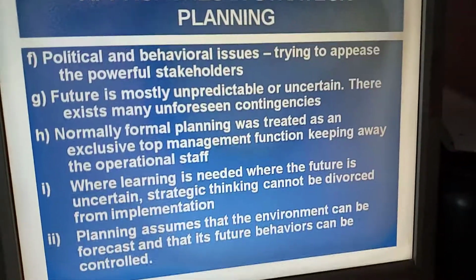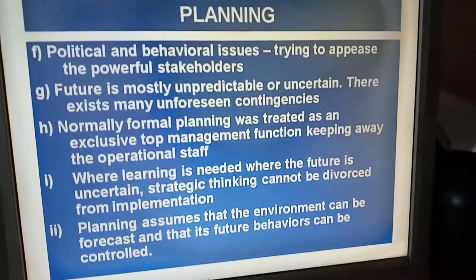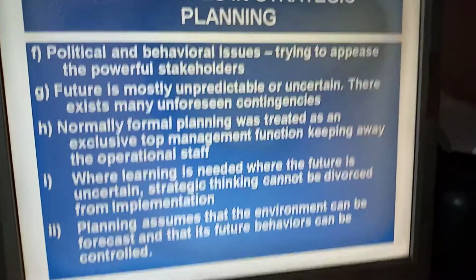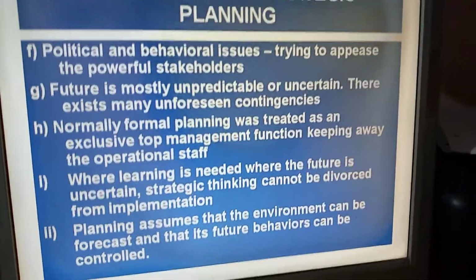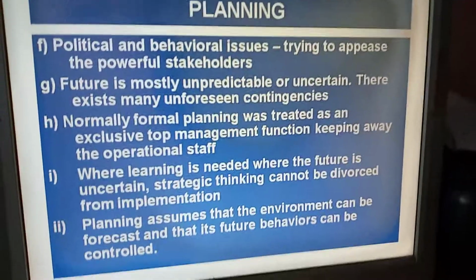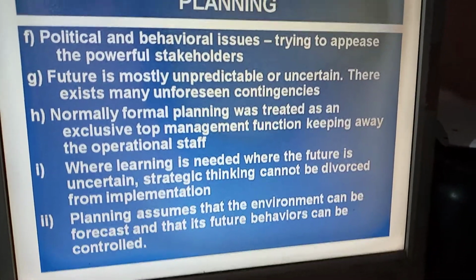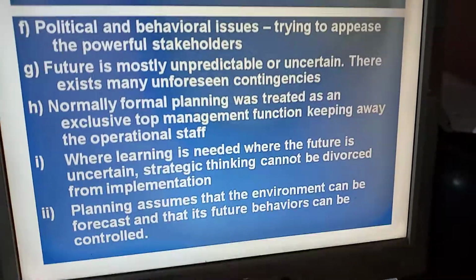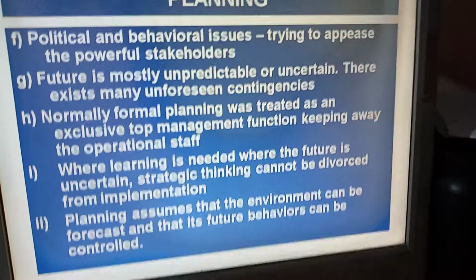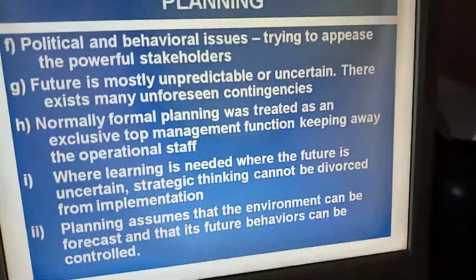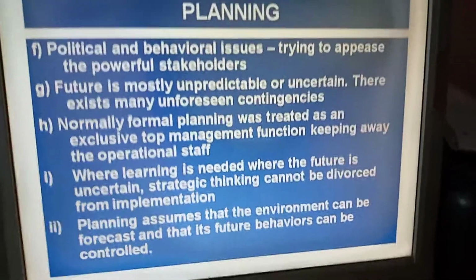Approaches in strategic planning. Political and behavioral issues. The future is mostly uncertain. Formal planning is treated as an exclusive top management function. Planning assumes that the environment can be forecast and that its future behavior needs to be controlled by various control measures.